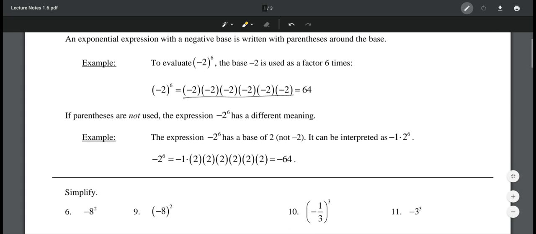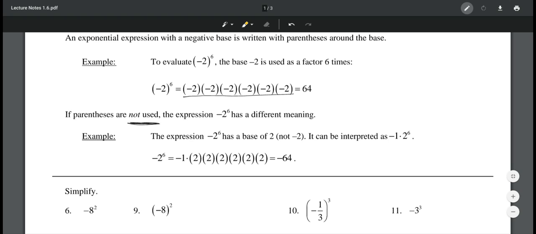Now, if the parentheses are not used, this is extremely important, and this is where some of you are going to have difficulties, so I want you to think about this now. If there are not parentheses, then you do not include the negative. So it has a totally different meaning.